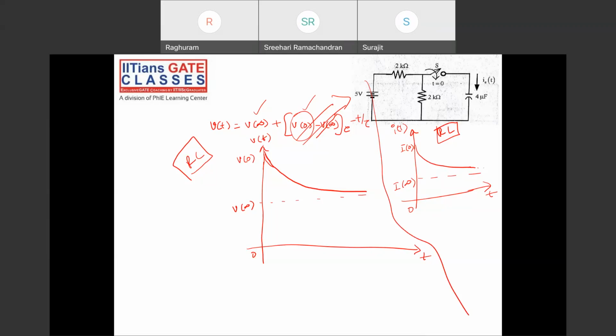In case of voltages, it's about capacitive circuits. It's generalized. If for any problem I want the current through the capacitor, that's a different thing. Generally, when we talk about currents, it's about RL circuits, and when we talk about voltages, it's about RC circuits. Clear?